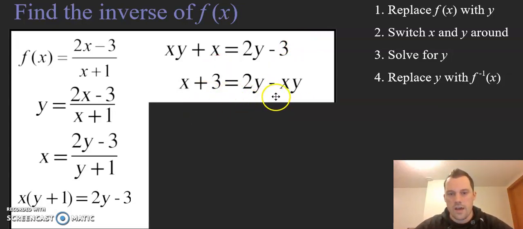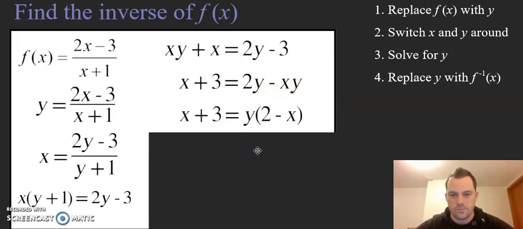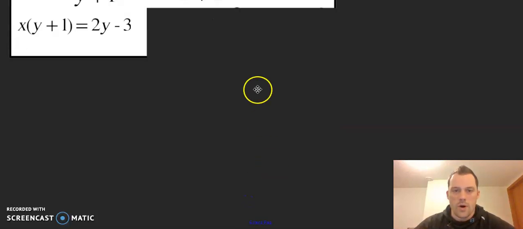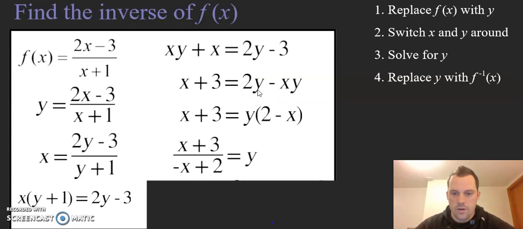So now we still have two terms with a y that we want to factor out. And so this looks a little different than the steps in the last slide, but it still works out just fine. We now want to divide this binomial so that y is by itself. Okay.